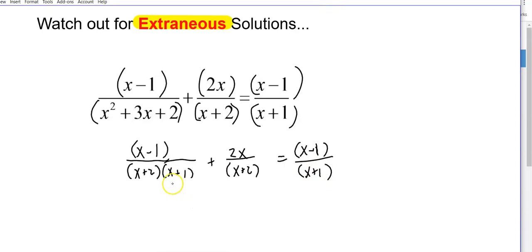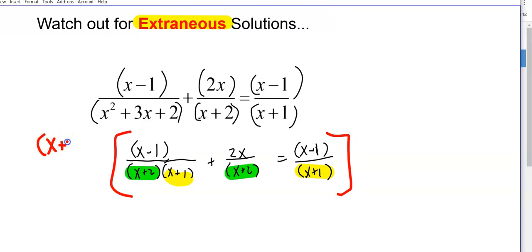So if you look at this problem, we go, okay, I got an x plus 2, we got an x plus 1. So I hope it's obvious that the LCD is both x plus 2 and x plus 1. So I'm going to multiply only the top, not top and bottom, and both sides by x plus 2 times x plus 1. So this time I'm going to skip that step.